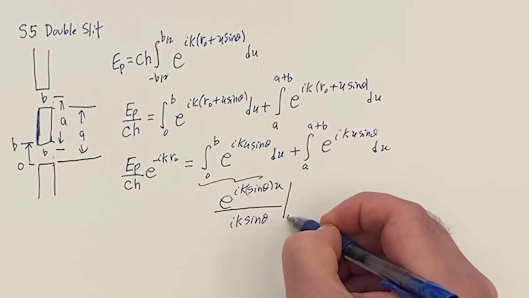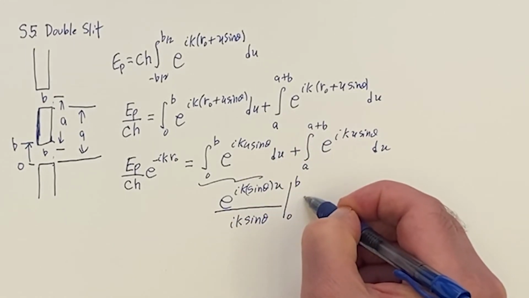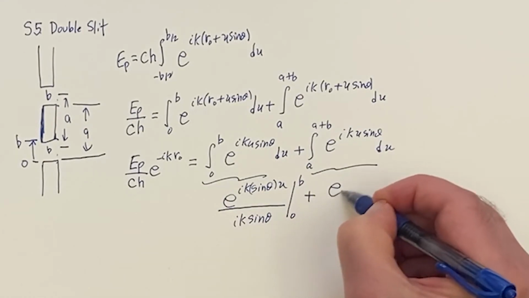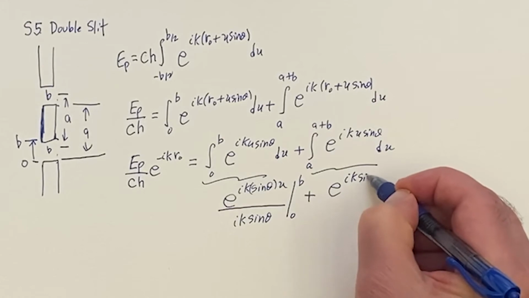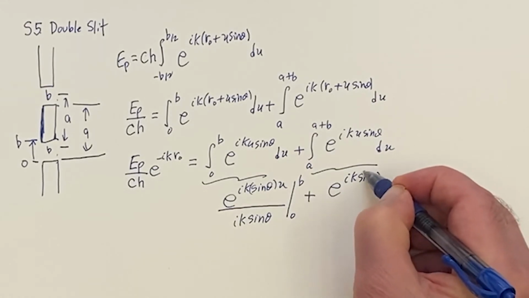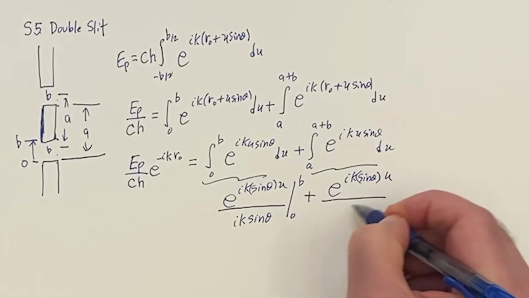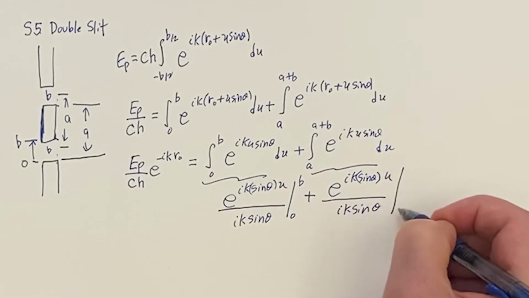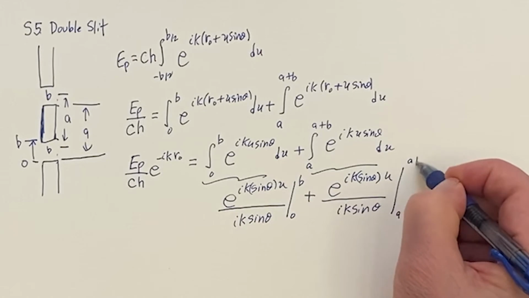So that works. That's from 0 to b. And then over here, we're going to have e to the i k sine theta u again, same, and the limits a to a plus b.